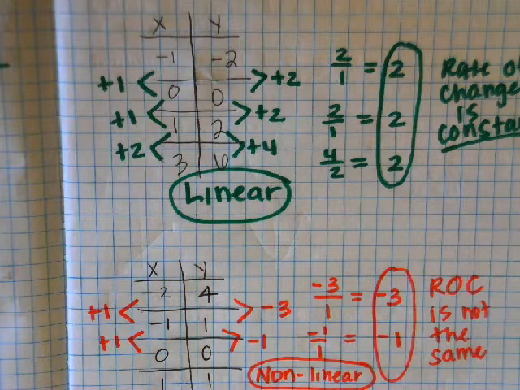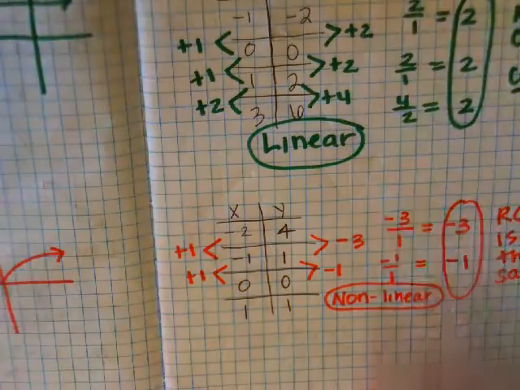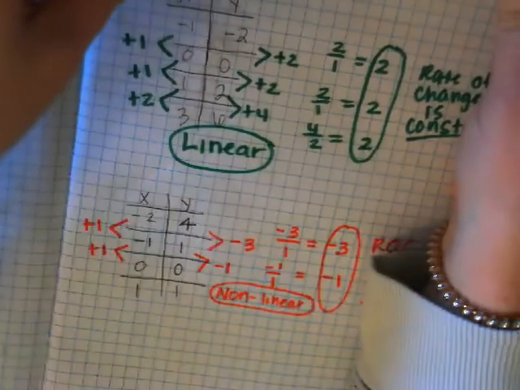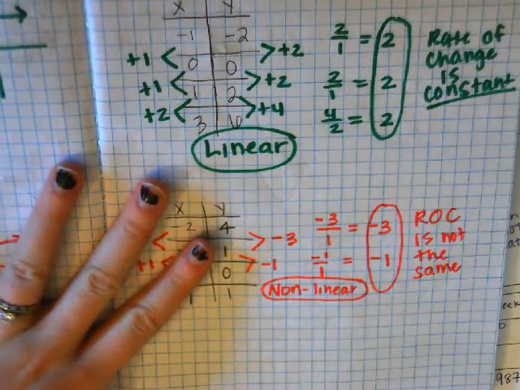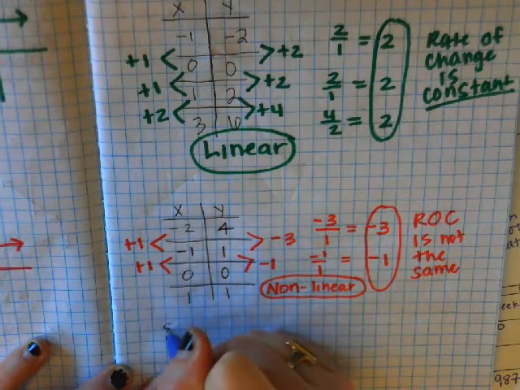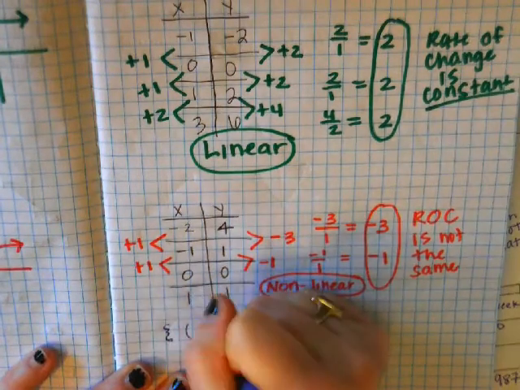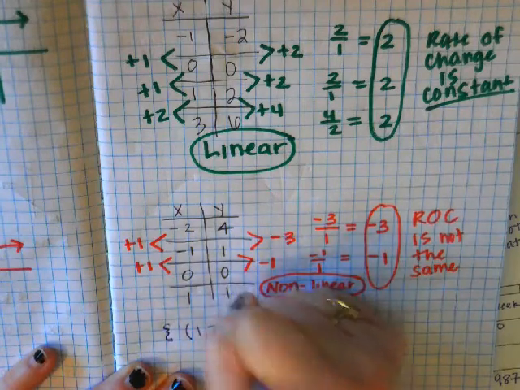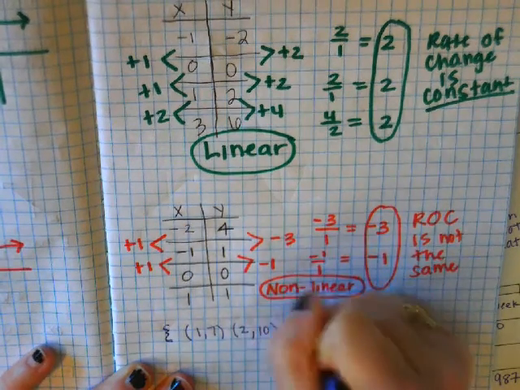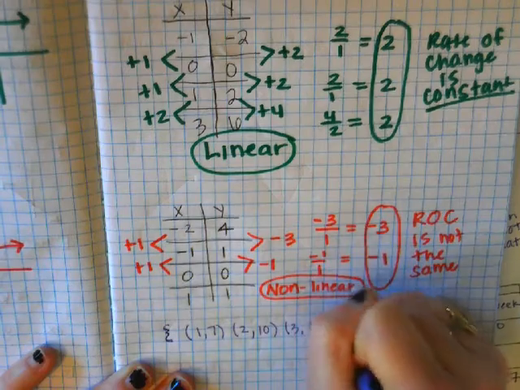The only thing that I will tell you is if they give you a list of ordered pairs. So say, for example, you get a problem like 1, 7, 2, 10, 3, 13.